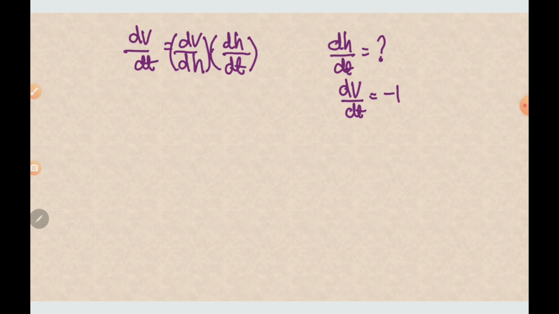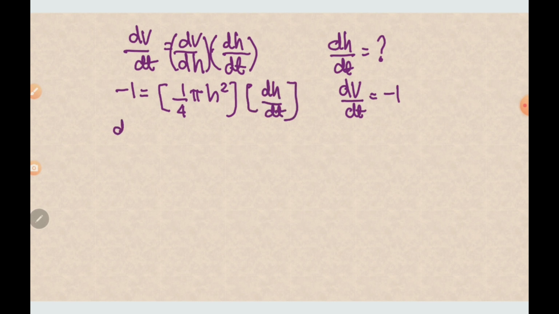So I will substitute dV dt with -1, dV dh is equals to 1/4 pi h squared, multiply with dh dt. Therefore, we can simplify to get dh dt is equals to -1 over 1/4 pi h squared.